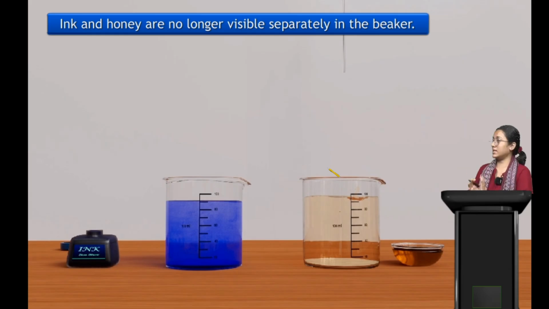In both cases, ink and honey, they are no longer visible separately in the beaker. In the first case we can't separate water and ink, and in the second case we can't tell which one is honey and which one is water.